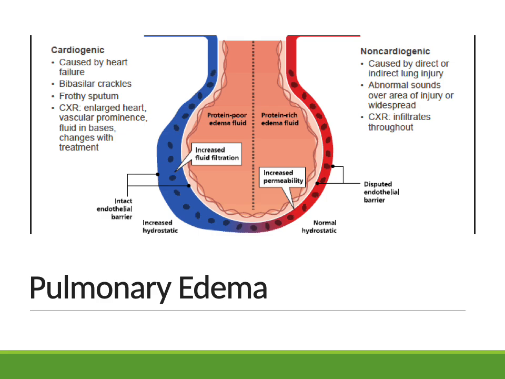In ARDS, you have excessive fluids, but fluids will actually shift into the alveoli, and that's going to be the difference: that membrane becomes leaky for patients with ARDS, whereas in pulmonary edema due to cardiogenic reasons, like heart failure, fluid stays in the interstitial space.